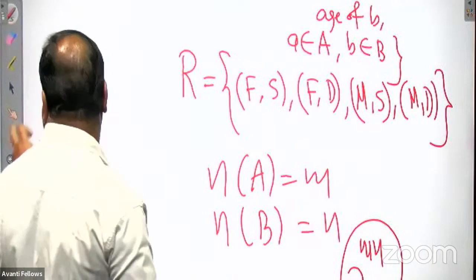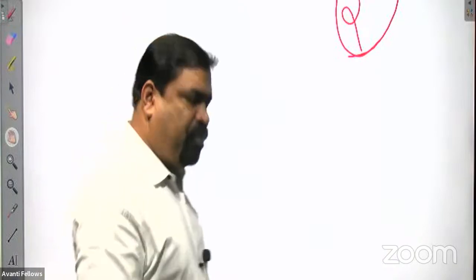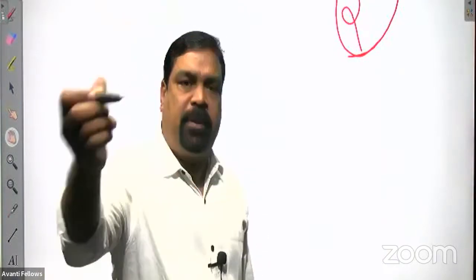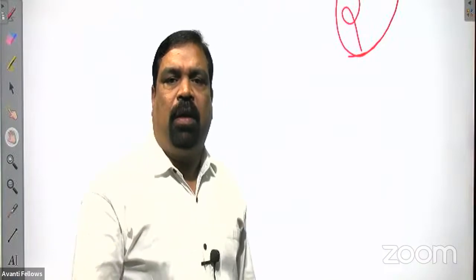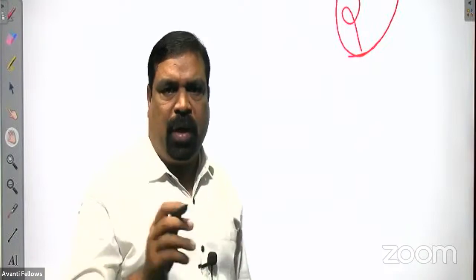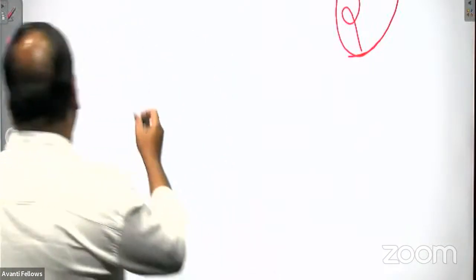Now, what do we have to study in 12th class? The relations are classified into 3 types. 3 types of relations are there, having some special property. So the first one is a reflexive relation.